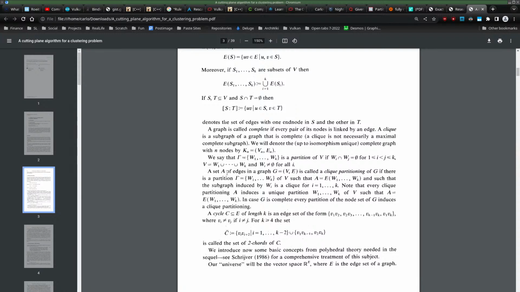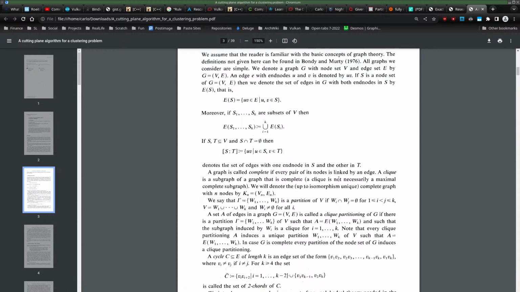Okay, a set A of edges in a graph is called a clique partitioning of G if there is a partition gamma of V such that A is, and now they reuse this notation. I hope you have the same thing as me, that I forgot again what this meant.